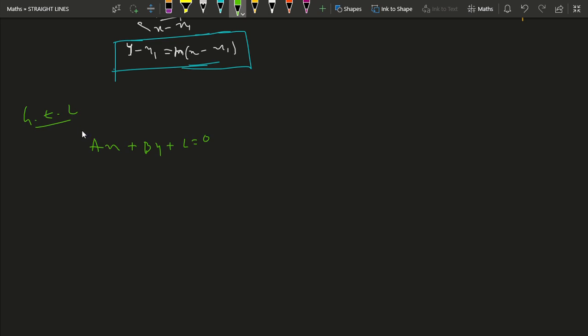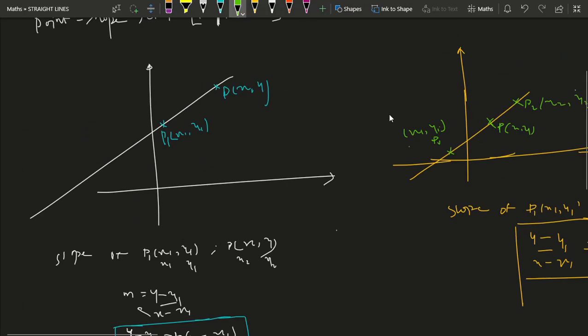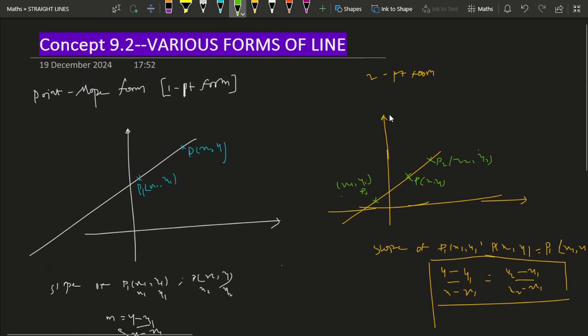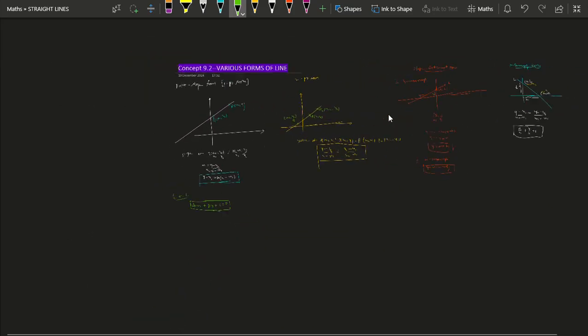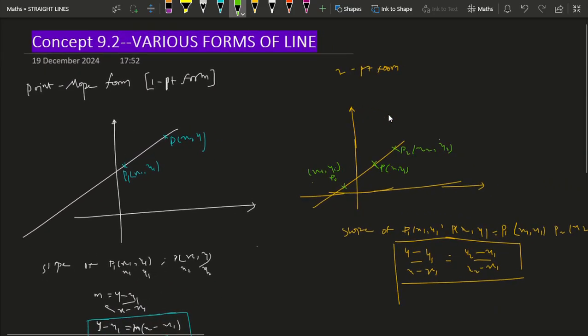All these we are going to apply in the upcoming examples and exercises. Okay children, that's all the concepts before moving on to exercise 9.2.